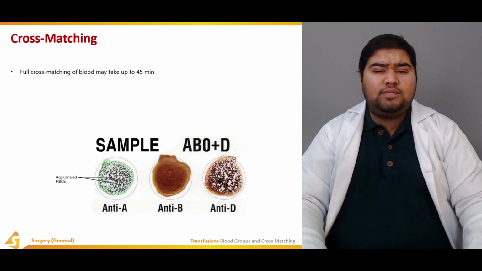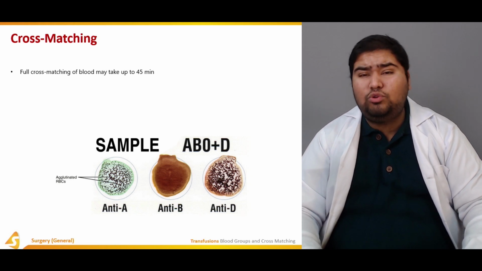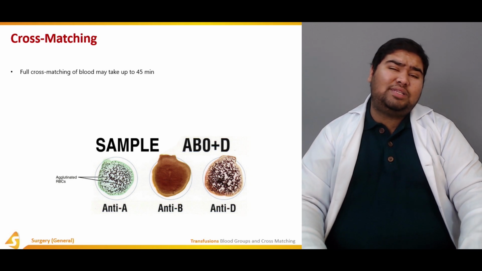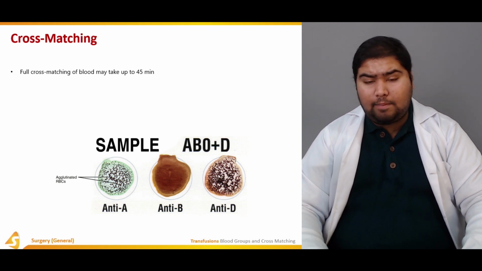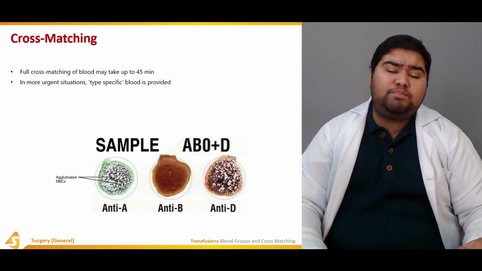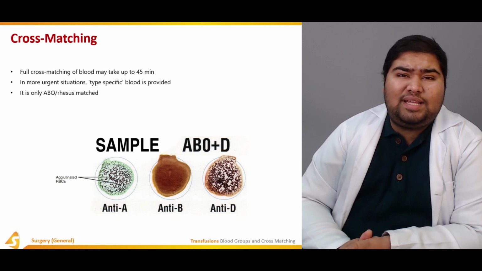Now, full cross matching may take longer durations of time. You usually do not have longer durations of time in massive transfusion protocols in rapidly bleeding patients. In more urgent situations, you use type specific blood. So it is only ABO and rhesus match.